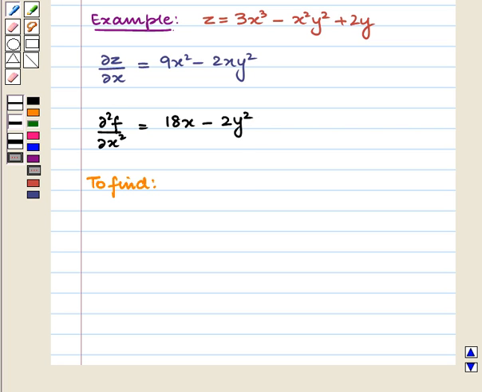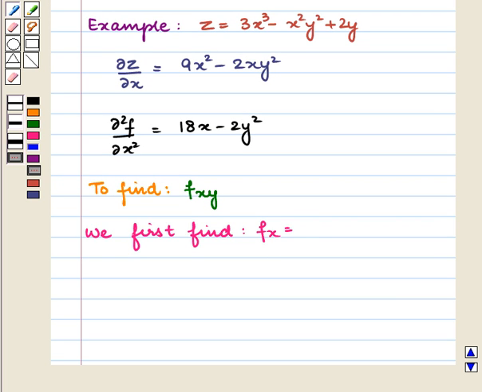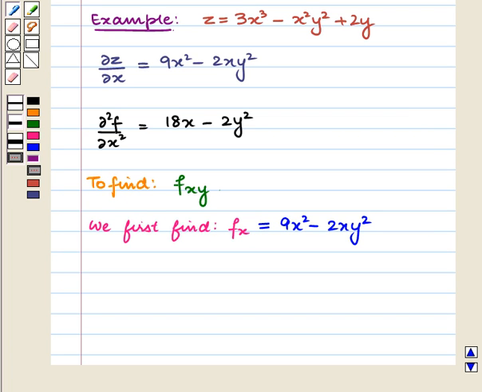Now suppose here we want to find f sub xy, that is, we first find f sub x, which is equal to 9x square minus 2xy square. Now we differentiate this with respect to y, treating x as constant.